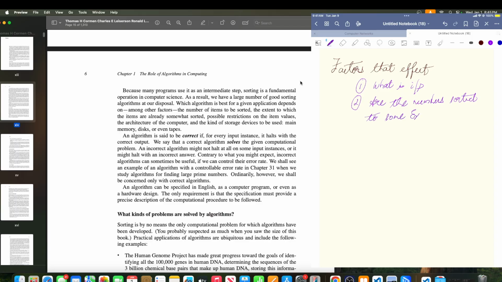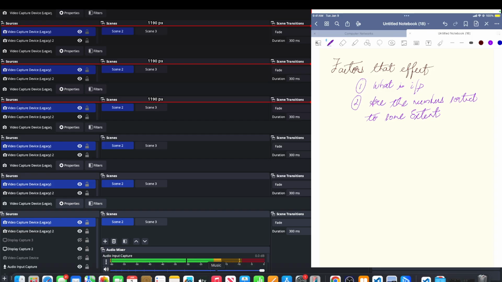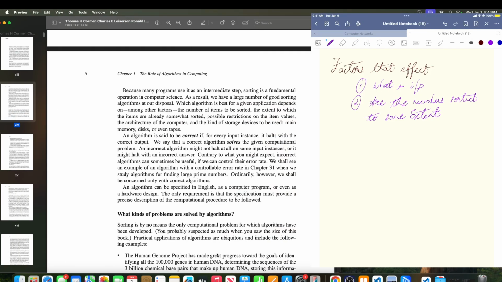They might not be exactly sorted, but to some extent. Then he's saying the third is the CPU, like what processor are we using? Then RAM, then HDD, hard disk or HDD, whatever.